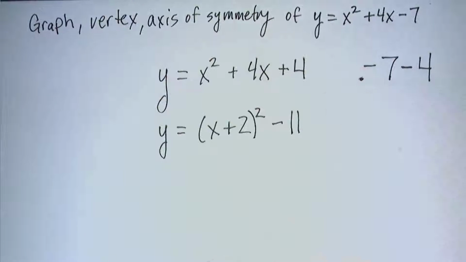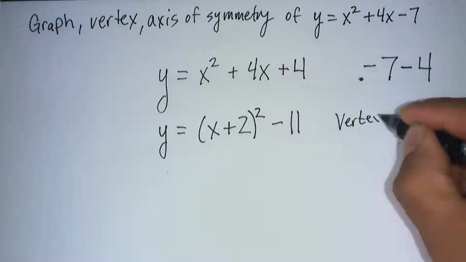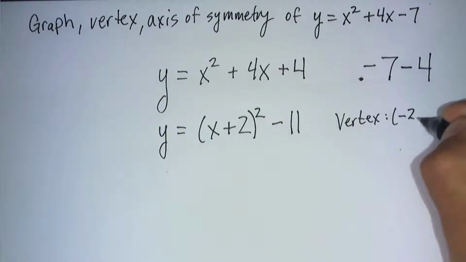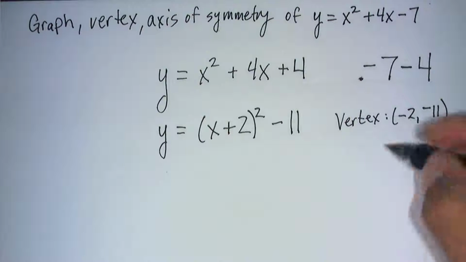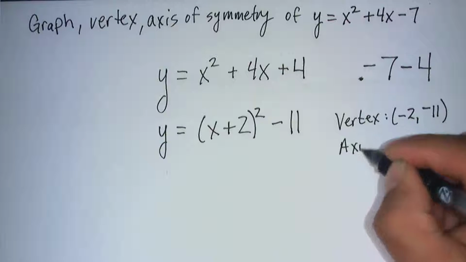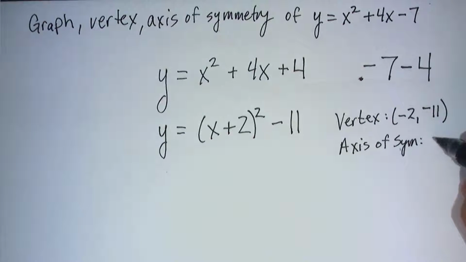So that now tells us that we have a vertex at the point negative 2, negative 11. And the axis of symmetry is going to be the line x equals negative 2.